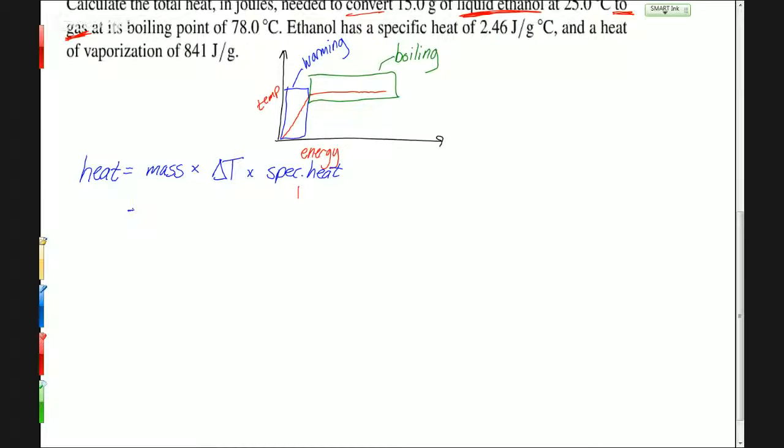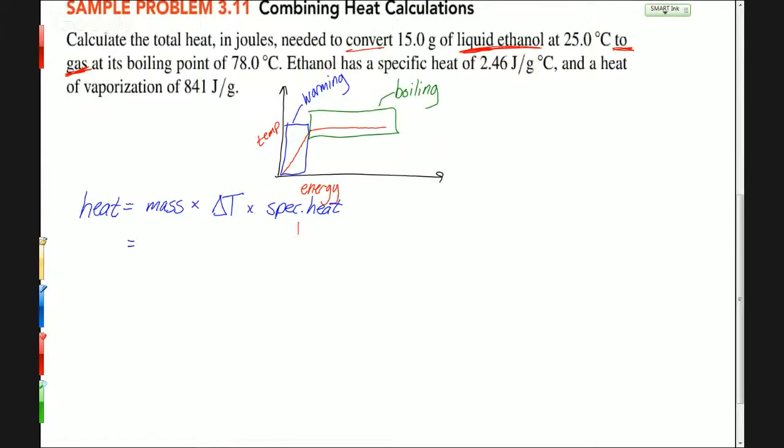What's our mass of the ethanol? See, we can look up there. 15 grams, right? 15.0 grams. And what's our change of temperature this time? 53 degrees, right?